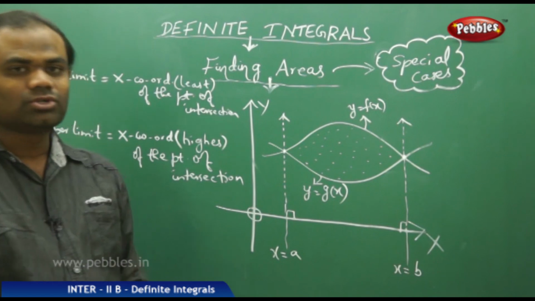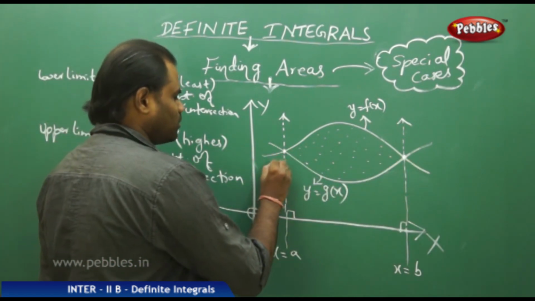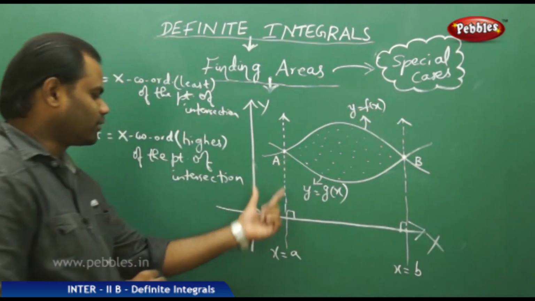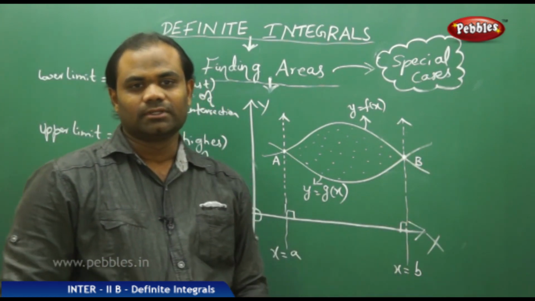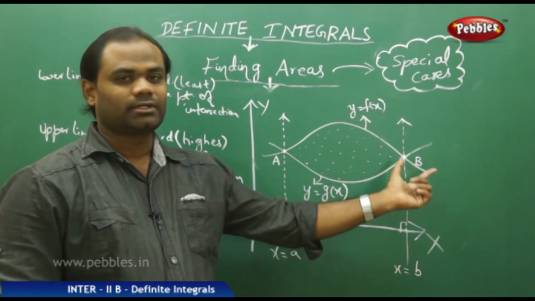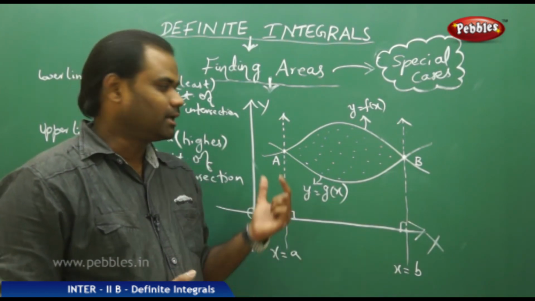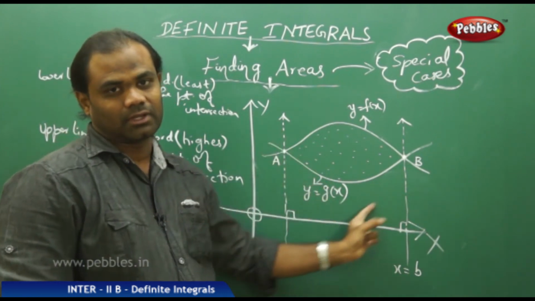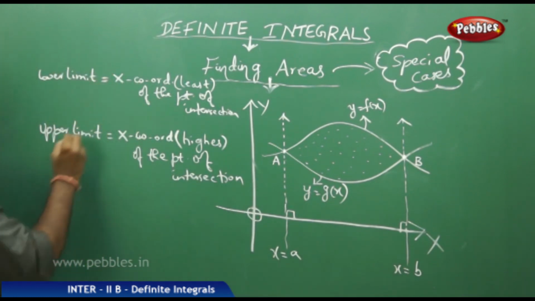So when we get two points of intersection, this and this, say I denote the point of intersection here as A and here as B, then the x coordinate of A will define the lower limit and the x coordinate of B will define the upper limit. Therefore, in order to extract the x coordinates of both points, we are going to solve these two curves. The points of intersection A and B are obtained by solving the two curves y equal to f of x and y equal to g of x. So solving the two equations gives us this.